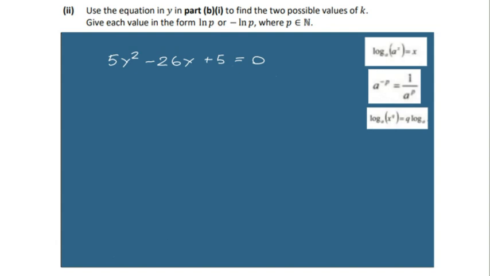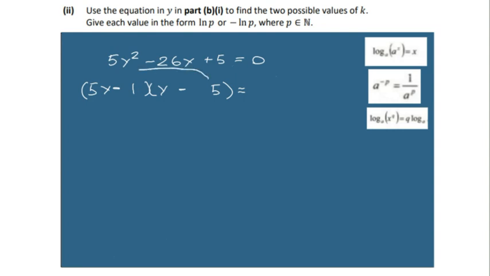So let's factorize real quick. So we go 5y by y is 5y squared. And remember 5 by 5 plus 1, y is 25. So there will be the cross multipliers, and they're both negative in the brackets as they multiply to give a plus 5, and they add to give the cross multiplier.